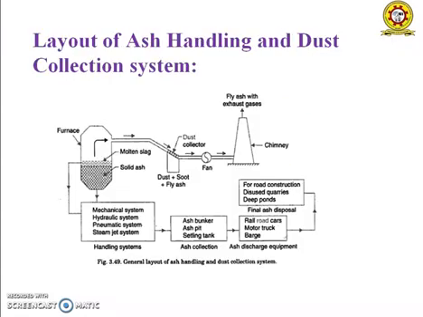This is the layout of the ash handling and dust collection systems. In this block diagram, we represent both ash handling and dust removing systems. If we take this furnace, from the furnace the molten solid ash comes out.